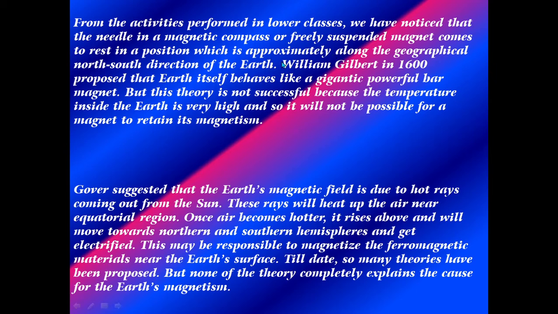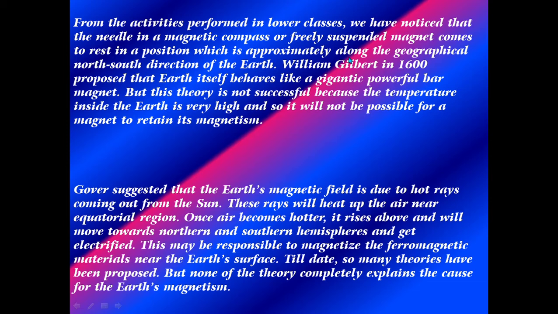So geographic north and magnetic north repel each other, then geographic south and magnetic south also repel each other. That is why the magnet comes to rest approximately along the geographic north and south direction of the earth.